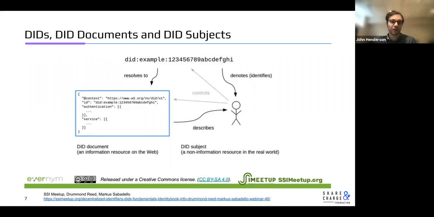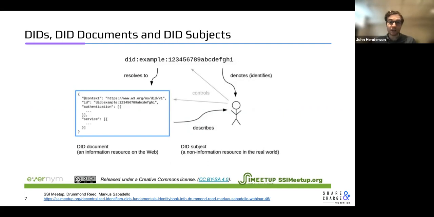But to start, like I said, I wanted to give an overview of DIDs and how they work with verifiable credentials. So on this slide, there's an example of a DID and a DID document. The DID in this case is did:example:123456789 and then the alphabet there. It denotes a DID subject, which in this case is this person, but could be an entity more generally. Could be an IoT device or a vehicle or a charge point, or even something a little more ephemeral like an organization or something.